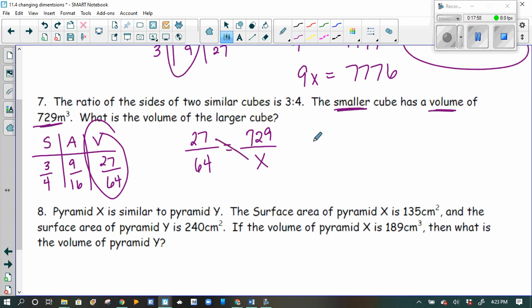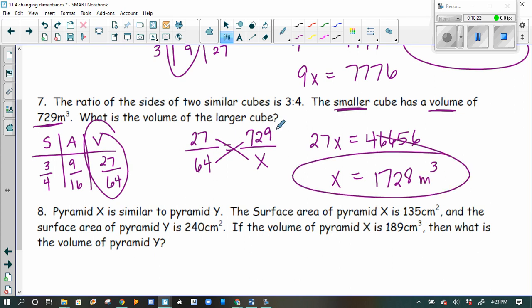So cross multiply 27x, cross multiply 64 times 729, 46656. And then divide both sides by 27. 1728. And this is meters cubed. Don't forget your units because they're important. Okay?